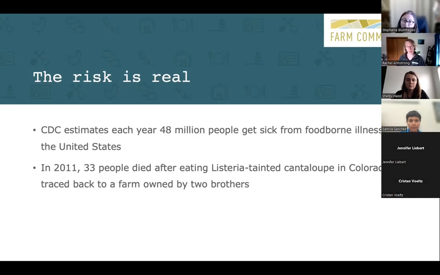Now, by contrast, if a cantaloupe grower is not negligent, it is less likely that they will be liable for people getting sick. So negligence is a really important concept when it comes to, are you responsible for the bad things that happen? And I point that out because I want you to feel like you have some control over what is happening here.